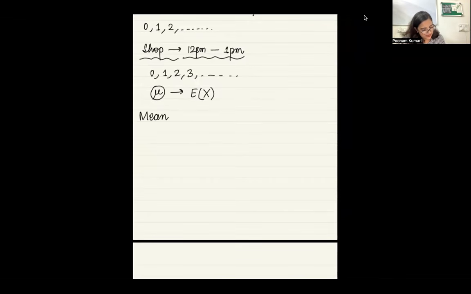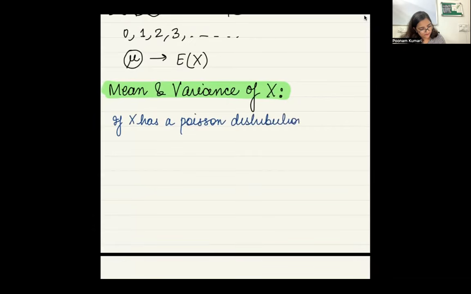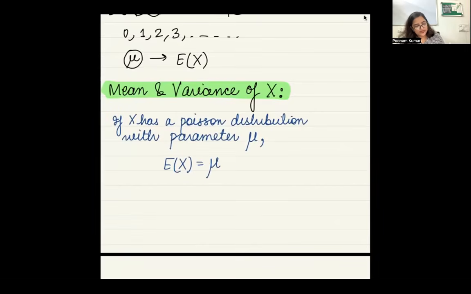Mean and variance of X, ठीक है. तो I can just tell you right away कि इसका mean और variance क्या होगा, but it will be interesting to prove that as well, ठीक है. तो अगर if X has a Poisson distribution with parameter mu, then expected value of X जब आप निकालोगे तो वो भी mu आएगी, और जब आप variance value निकालोगे वो भी mu आएगी.